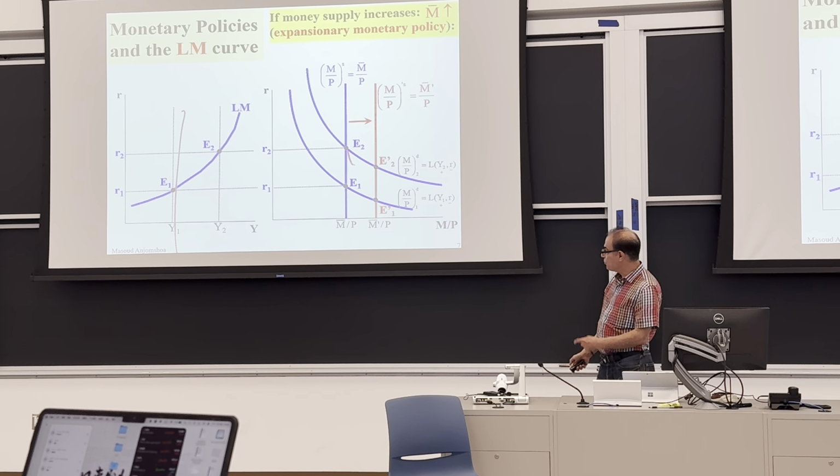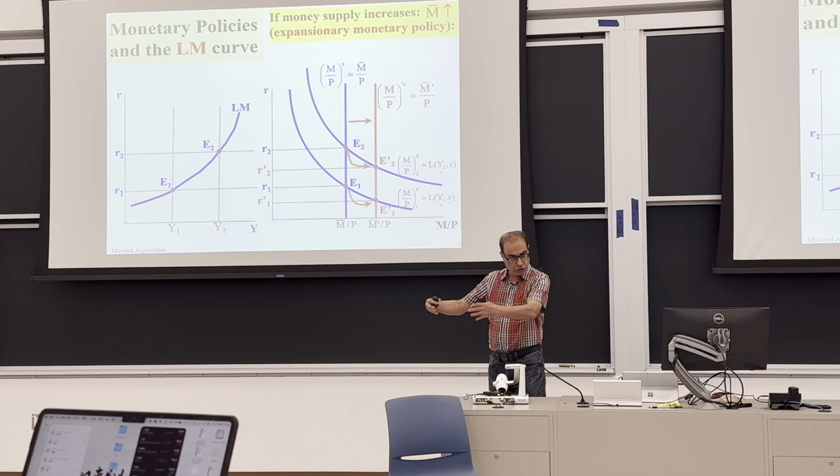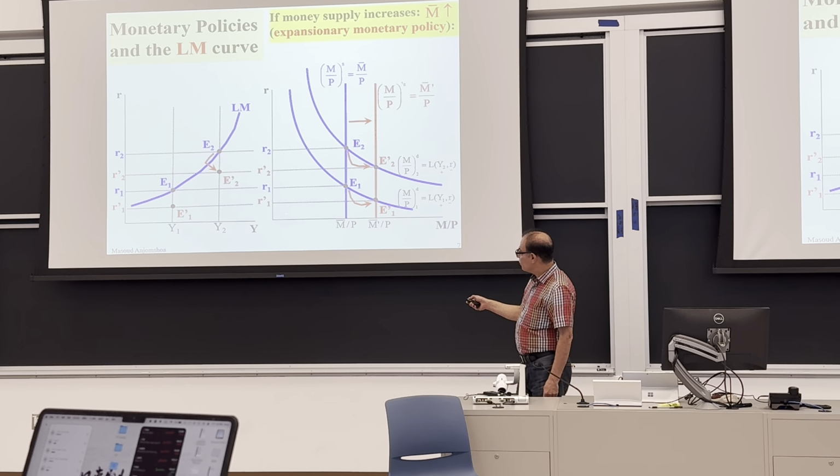Is that right? So as you can see, for any income level, interest rate tends to fall. Okay? So look at that. This R2 to R2 prime, both of them are for the corresponding Y2. And the same thing for E1. Is that right?